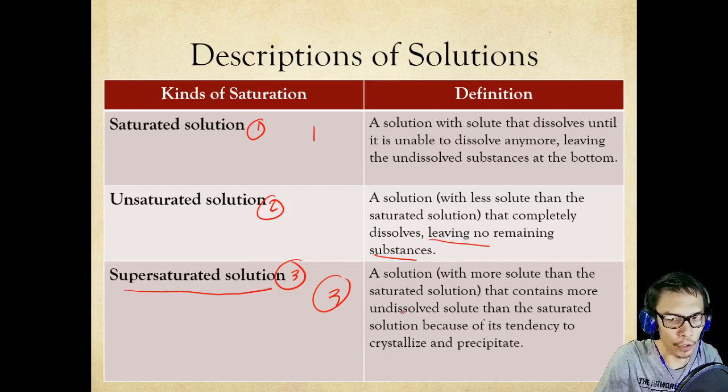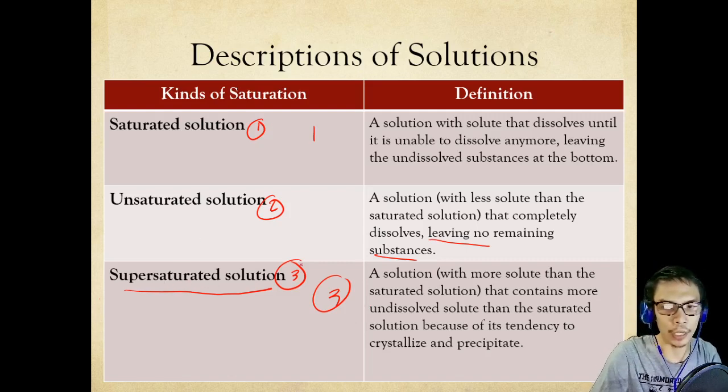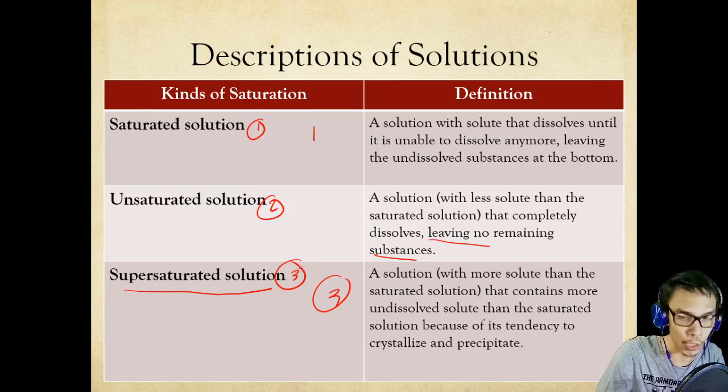Since you have more solute than solvent, the tendency is that the solute will crystallize at the end of the day. This is true in some processes in making candy, powdered juices, crystallized juices. The supersaturated solution is the kind of solution they use.